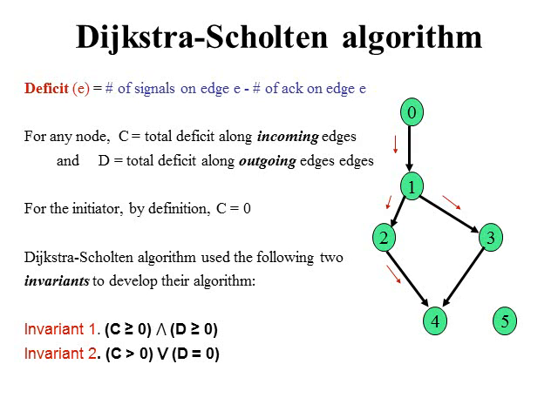So an invariant is a condition that is always true. We have two invariants associated with the Dijkstra-Scholten algorithm, which help design the algorithm. So let's take a look at the two invariants.